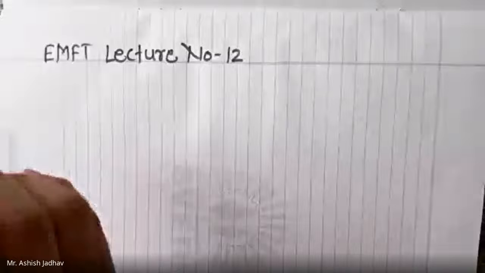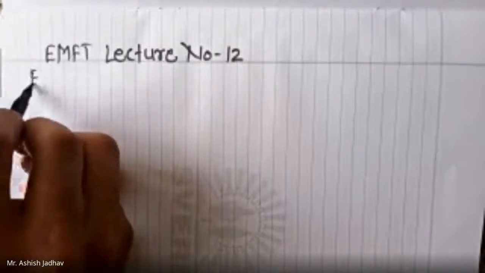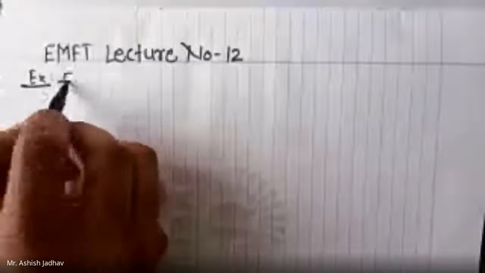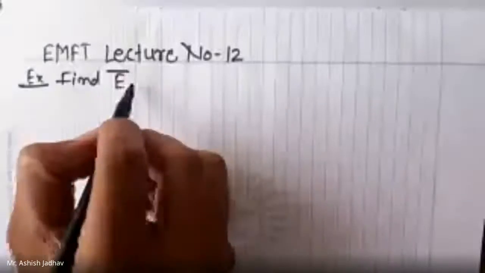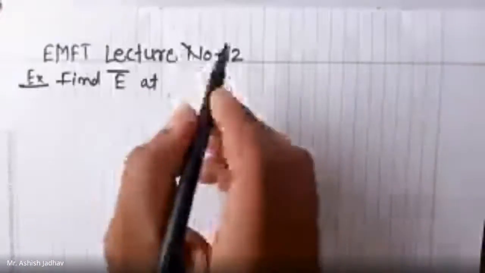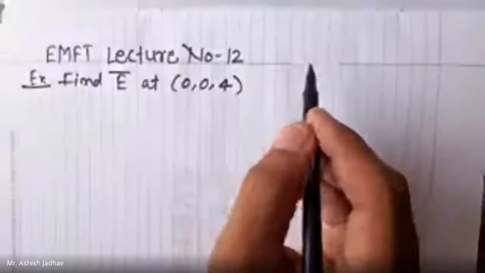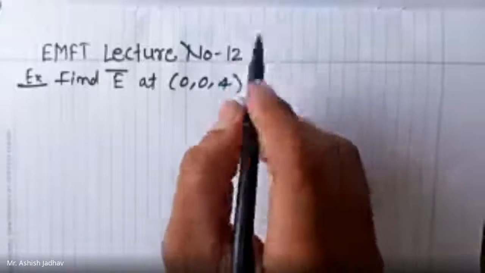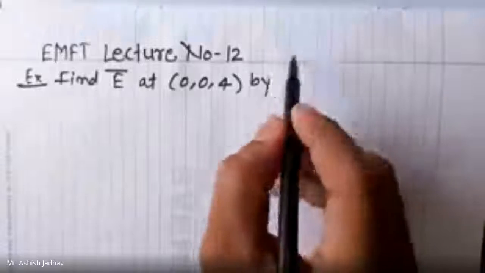Now, in this lecture also, we are going to solve some more examples on electric field intensity. If multiple point charges are given, how can you calculate the electric field intensity? So the example is: determine, find E bar, the electric field intensity produced at 0, 0, 4, in meters, by Q1.